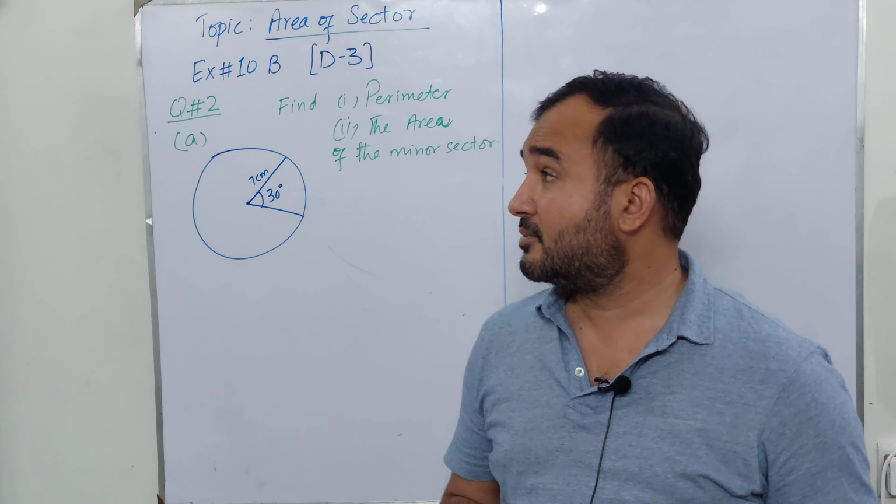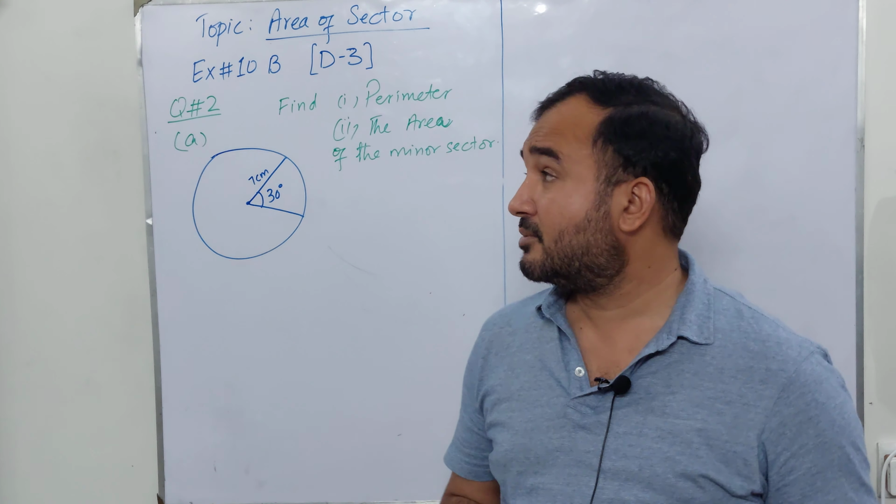So 385 is area of sector. So area of this small sector which has 36 angle and whose radius is 35 is equal to 385 square centimeter. If the unit is centimeter, then it's square centimeter.